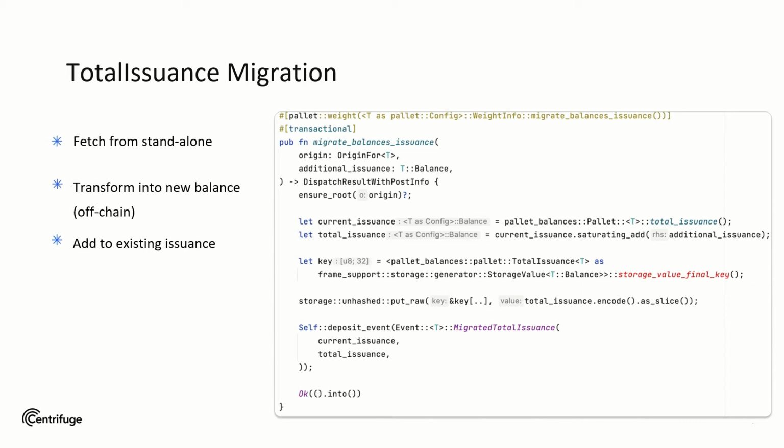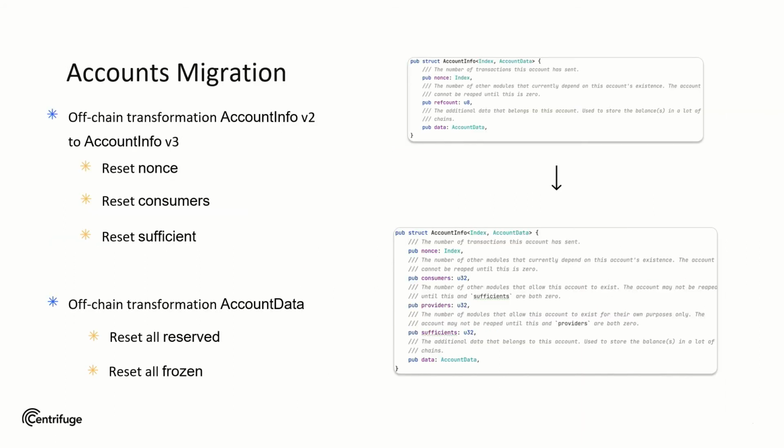What we're doing here is calling the storage and saying, give me the current insurance. Then I'm saturating add the additional assurance that I have, so I have a new one. I could have used the typed interface here, but I used the raw one. With the raw one, I'm basically saying, give me the key, inject it into storage, and that's it. Then I'm depositing the event and saying, okay, we're done here. So this is really straightforward.